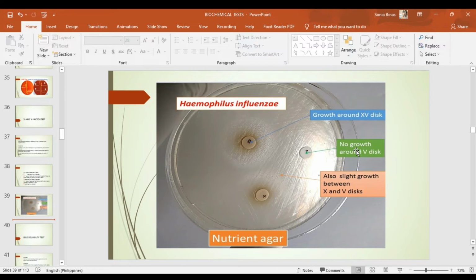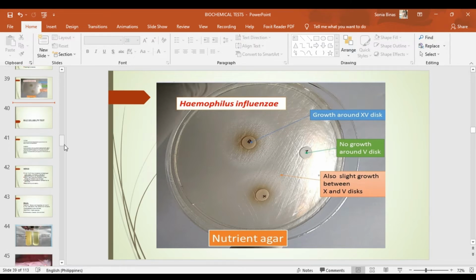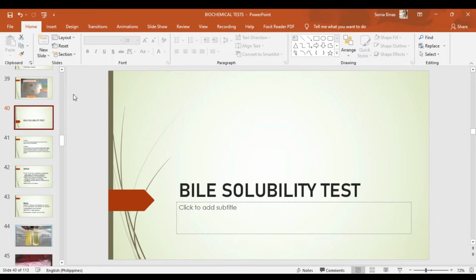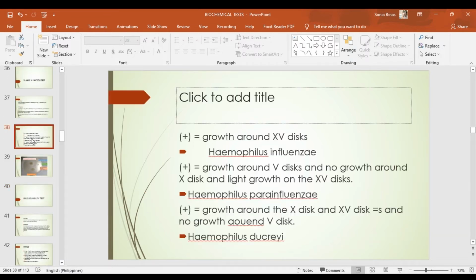Then, it has no growth around the V disc and a slight growth between the X and V discs. So the positive, or the expected result, again, is growth around the XV disc only, which shows a requirement for both factors.